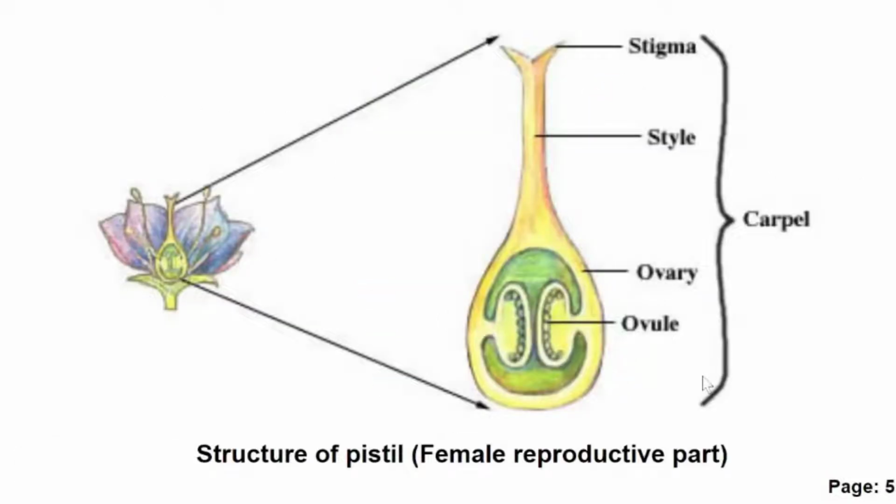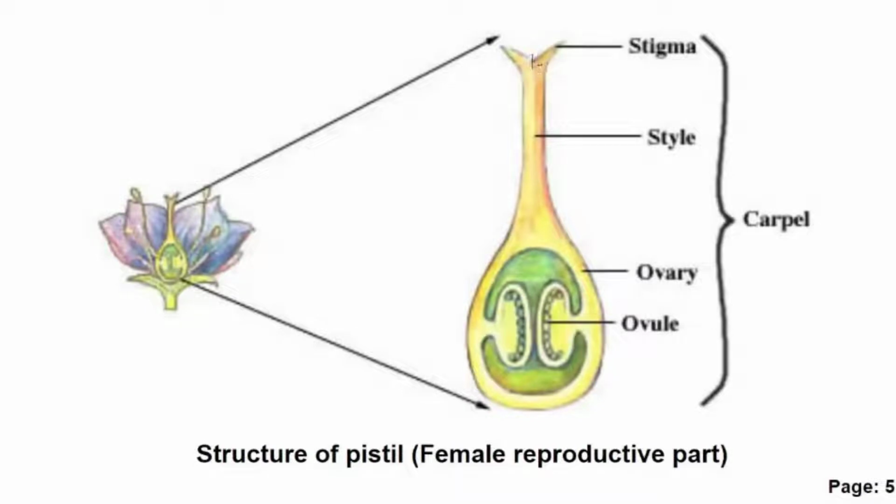And this is the structure of the female reproductive organs. It is called the pistil. The pistil is made up of the top part, the stigma.